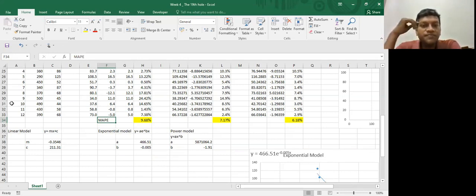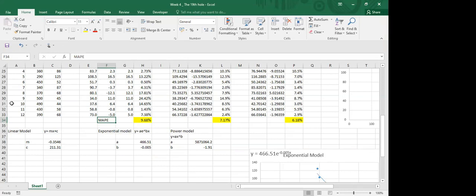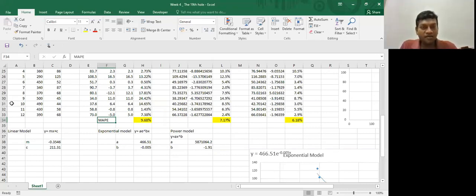Yes, Puneet. Sir, in this case, we have taken the average of percentages over different ranges. Like, for example, the denominator for 2.73 percentage is different from 108.5. No, the denominator is the same, because we are taking for the same forecasted, same original value of demand.